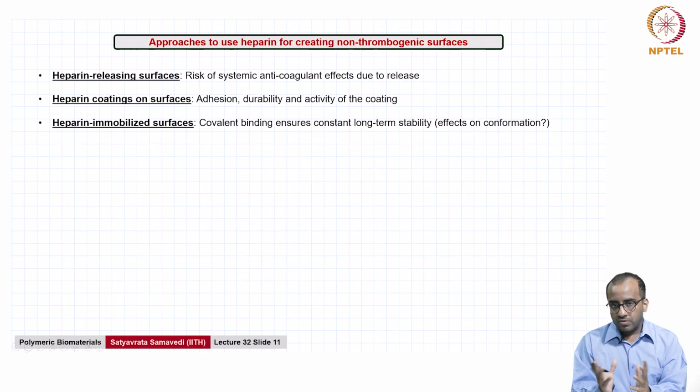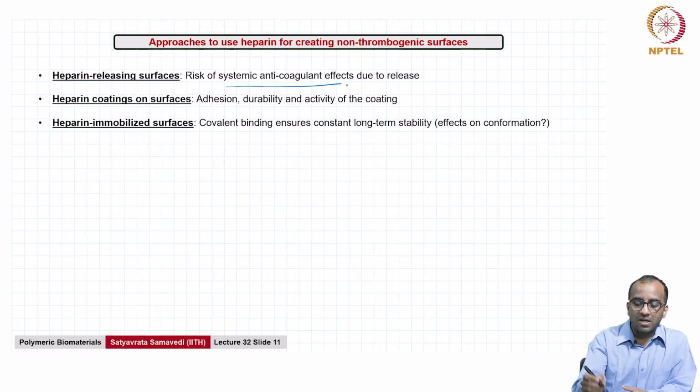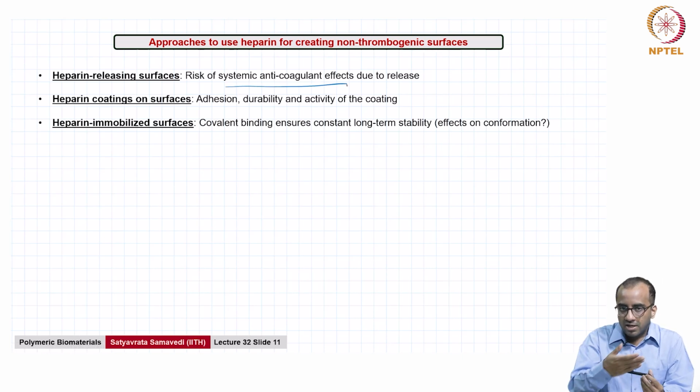So, this is a very widely used clinical strategy, heparin functionalization, for creating non-thrombogenic surfaces, and broadly they can be classified into three with their own pros and cons. One is of course heparin releasing surfaces. These release heparin over time. But then of course, the risk is that you can have systemic anticoagulant effects due to release, especially if the heparin gets carried away in the bloodstream.